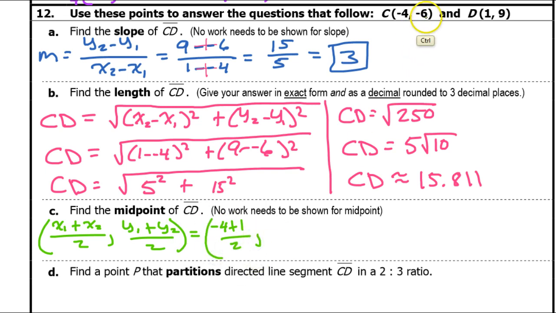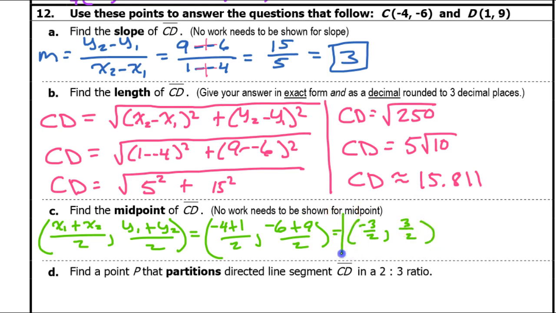And then the average of the y's: negative 6 plus 9 divided by 2. That's going to give me negative 3 over 2, and this is going to give me positive 3 over 2.